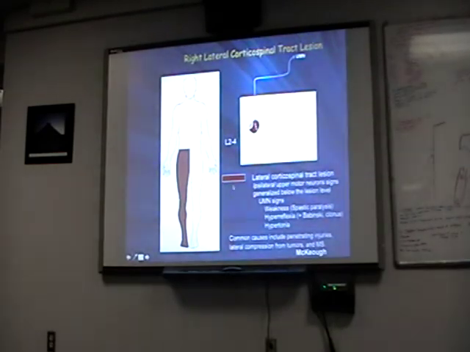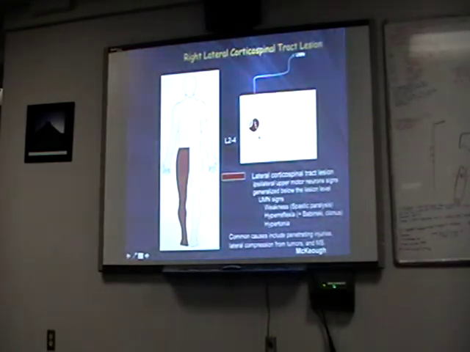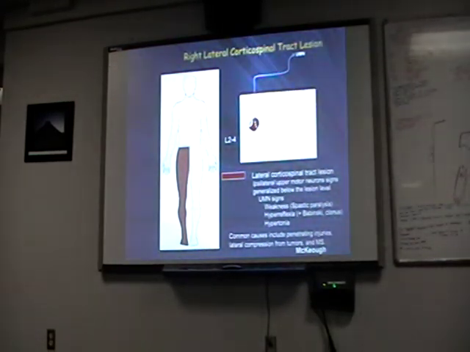And so here is our lesion. Again, the lateral corticospinal tracts are not able to go to the lower motor neurons below the level of the lesion, to voluntarily move or to control the reflex arcs.